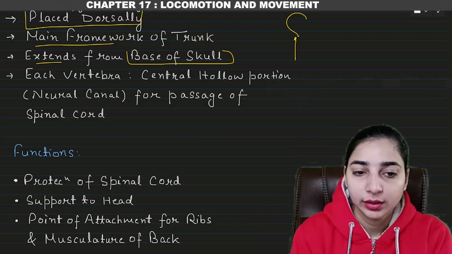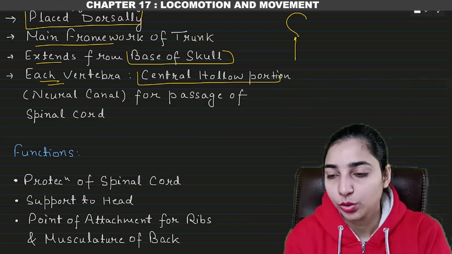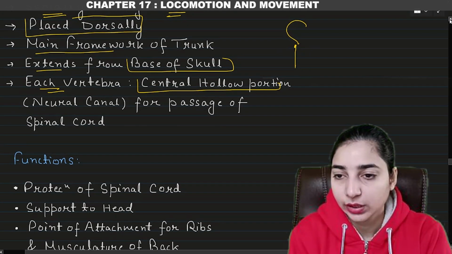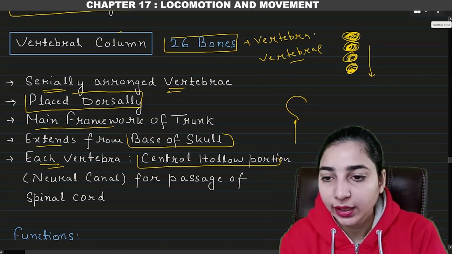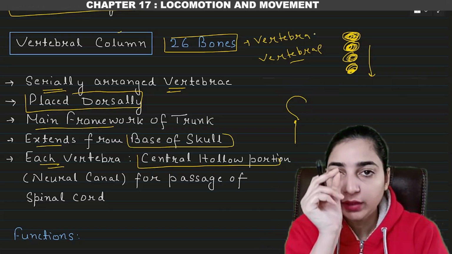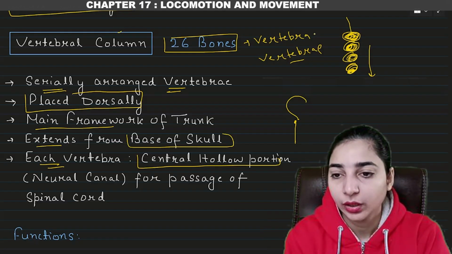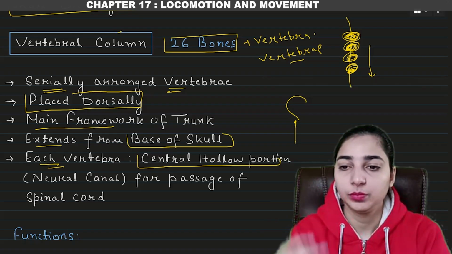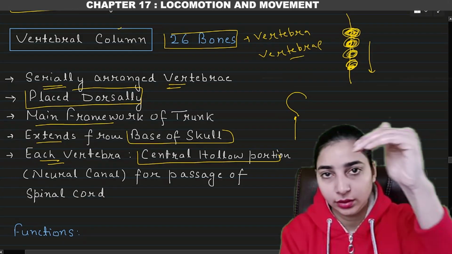Each vertebra also has a central hollow portion. We have seen that 26 vertebrae will be serially arranged. In the middle, these vertebrae will have a small hole, or opening, so that the nerve cord, or the spinal cord, can continue in them.